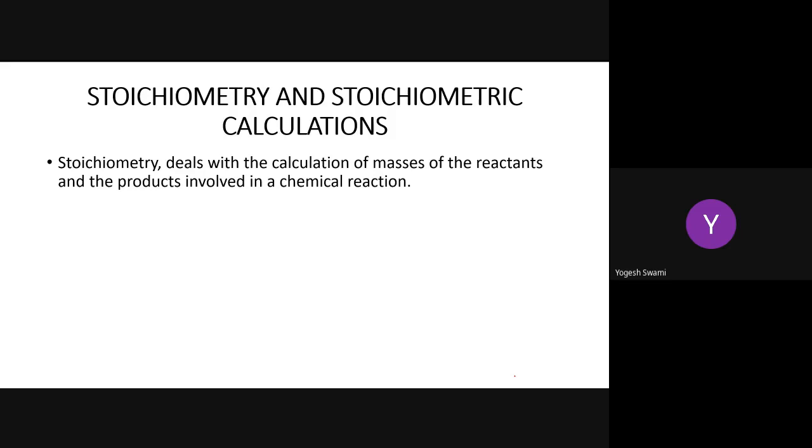In stoichiometry, meaning in a chemical reaction, we have reactants and products. Reactants react together, and after some time those are converted into product.